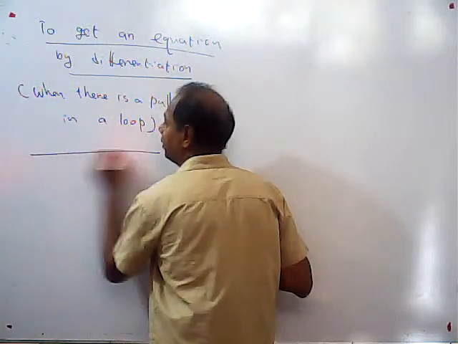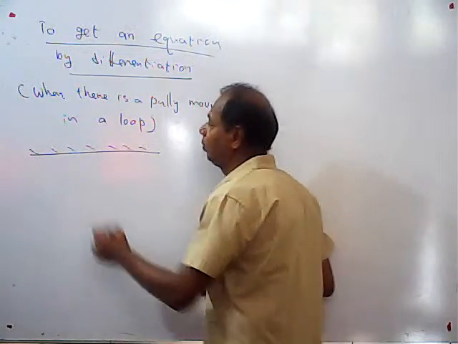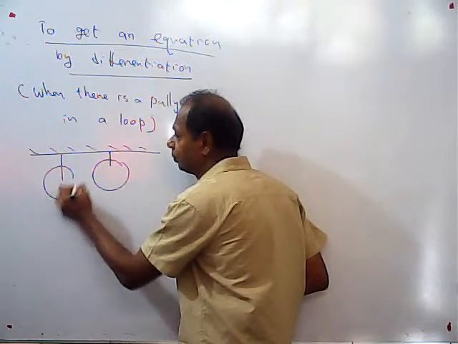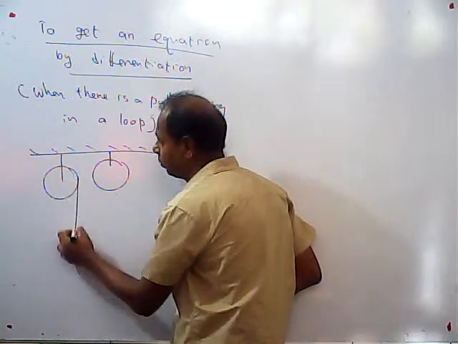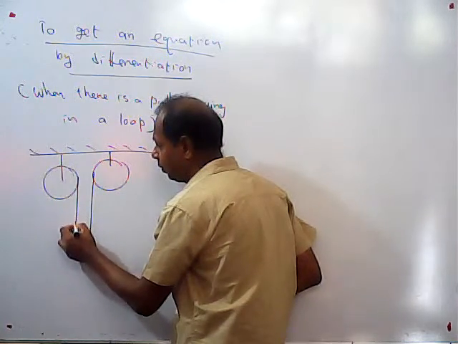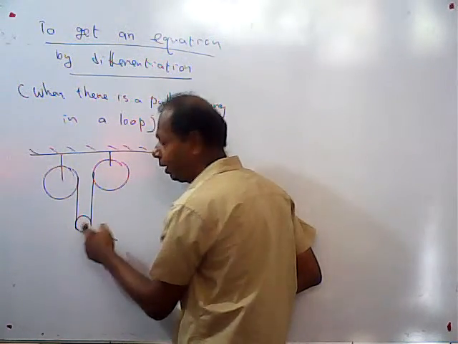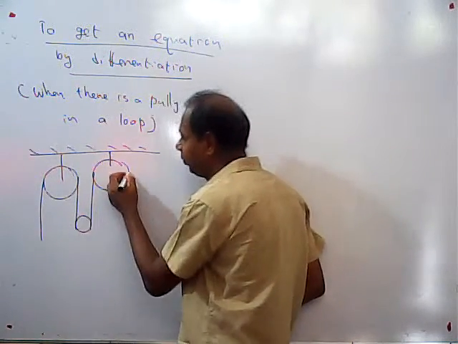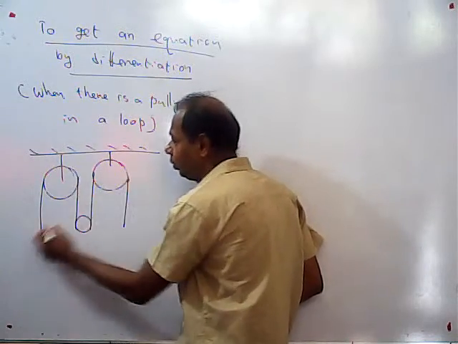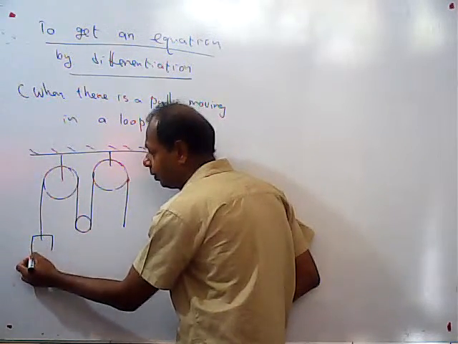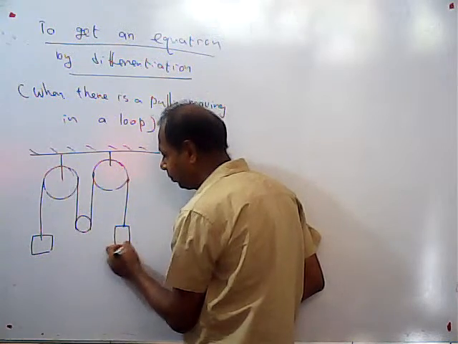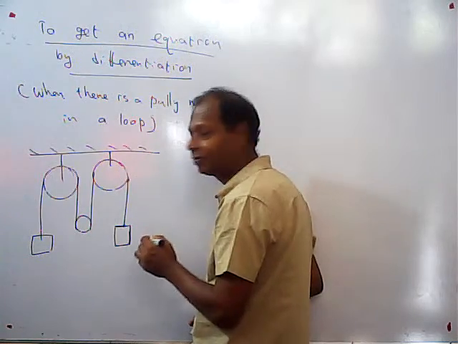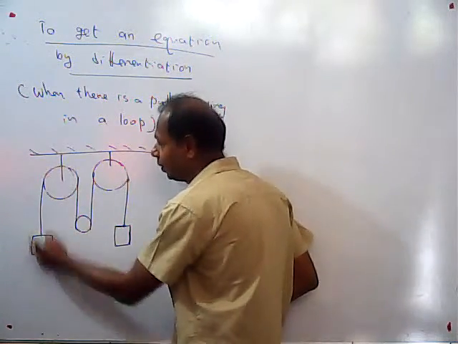Take a system like this. You have two fixed pulleys. There's a rope going over the pulleys, and there's another pulley here, a moving pulley, and two masses hanging from the two ends of the rope.